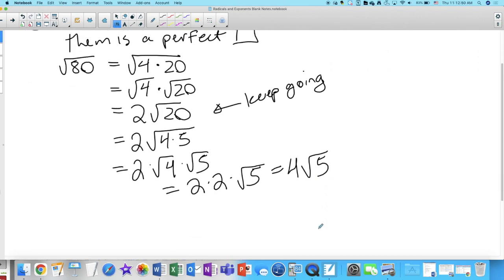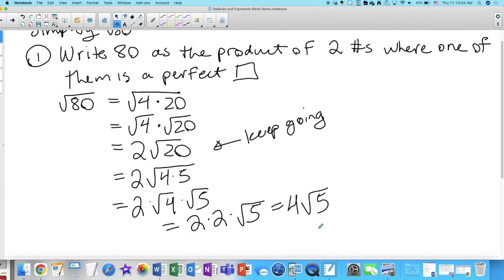Okay. Would it be possible to do this in one step? Probably. Instead of 2? What would you have to do differently in this first step if you wanted to do it in one step instead of 2? I asked you to write 80 as the product of two numbers where one of them is a perfect square. Is there another way of doing it?